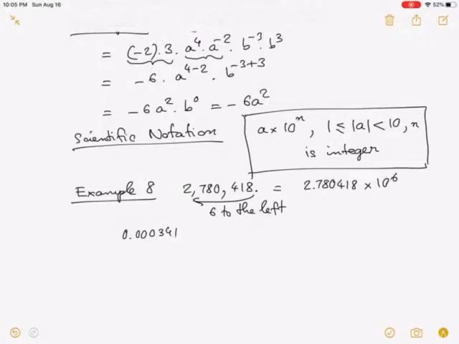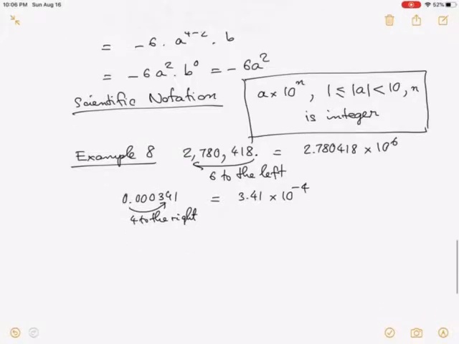Now, if 0.000341, we move the decimal point, sorry, 4 to the right. So this is 3.41. 4 to the right, therefore it will be 10 to the power minus 4.